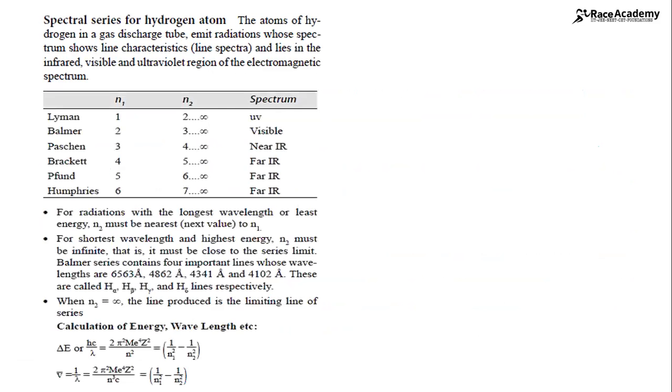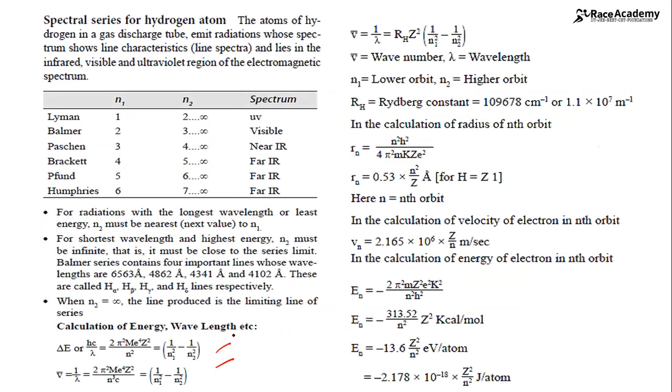Now, the spectral lines for the hydrogen atom. The atoms of hydrogen in the gaseous tube emit radiations, and those lines we observed just now. And this is the expression, we'll call it Balmer's equation. And in this equation, the r value for nth orbit can be written as n square h square by 4 pi square m k z square.